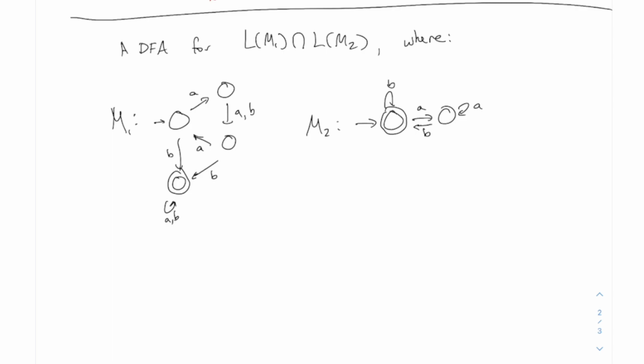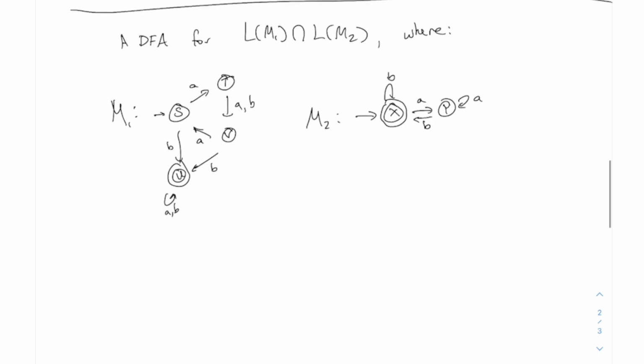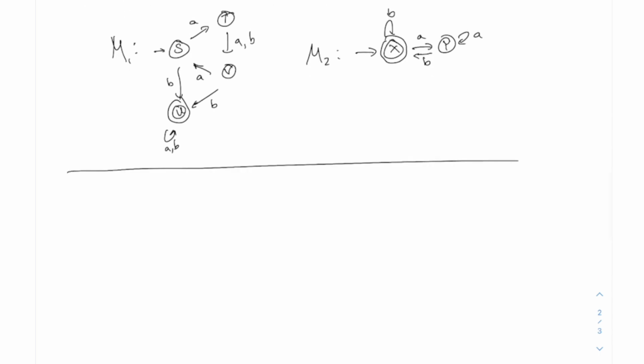Let's just call these S, T, U, V, like that, and X, Y over here. All right, so my starting state in my combined machine is going to be S, comma, X, right? You just combine the 2 starting states from each of your original 2 machines.